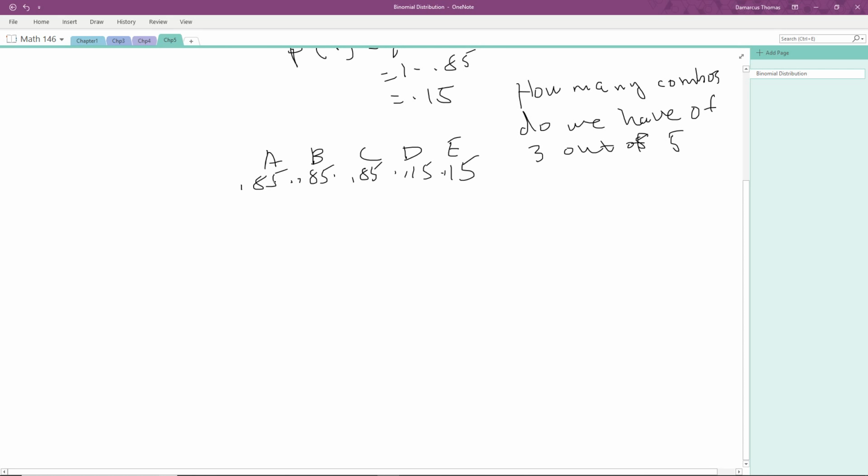So out of a set of A, B, C, D, and E, I could have A, B, C. I could have A, B, D. I could also have A, B, E. That was a lot right there. Now, aside from that A-B combination, we could also get A-C-D, A-C-E.